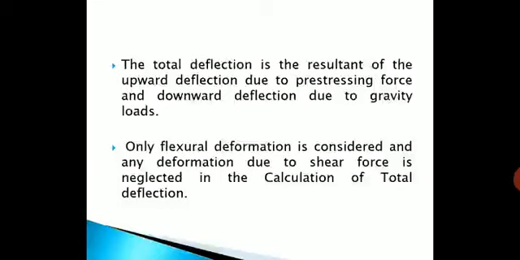The total deflection in the case of prestressed concrete is the resultant of the upward deflection due to the prestressing force and the downward deflection due to the gravity loads. Here we find the difference when we compare an RCC element with a PSC element. In an RCC element, there is nothing called an upward deflection.